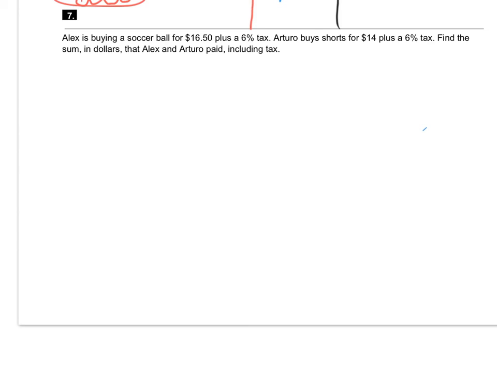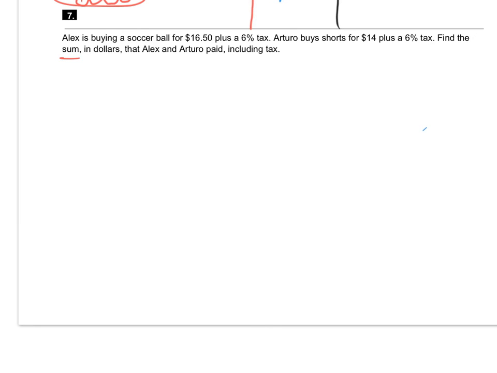Okay, for this problem, what you need to do is add both quantities. Alex is buying a soccer ball for 16.50 plus 6% tax. Arturo buys shorts for 14 plus 6% tax. And now you need to find the sum. So how much did both of them spend, not one?